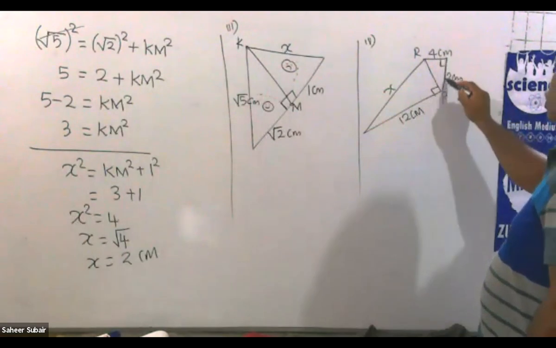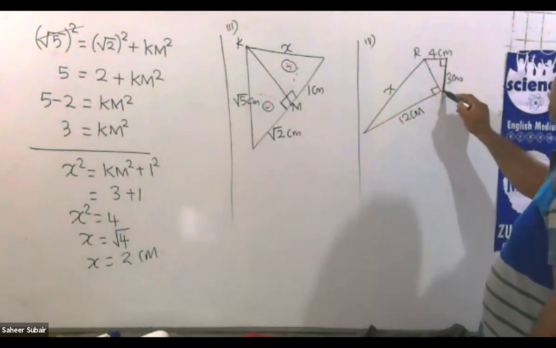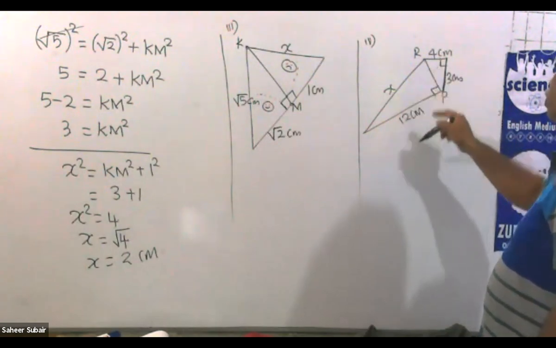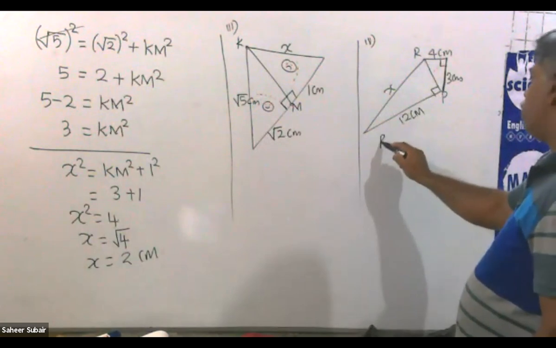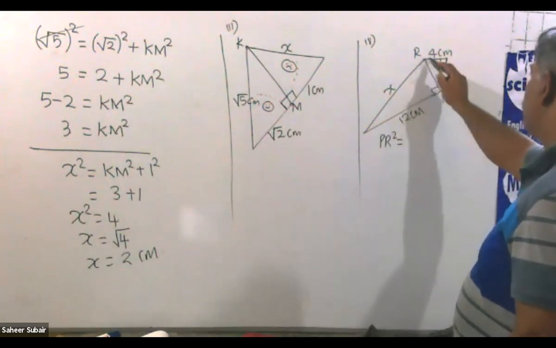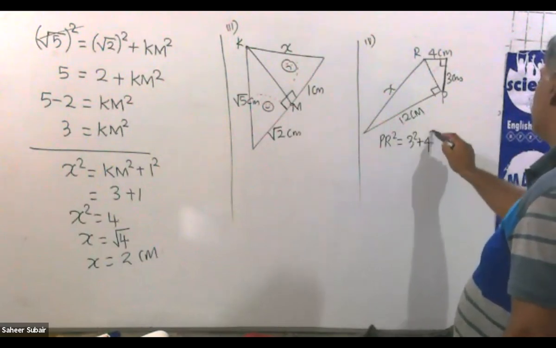Here also a right angle triangle is there. In this right angle triangle, according to Pythagoras theorem, this is the hypotenuse. Then the hypotenuse PR squared is equal to this one squared plus this one squared: 3 squared plus 4 squared.